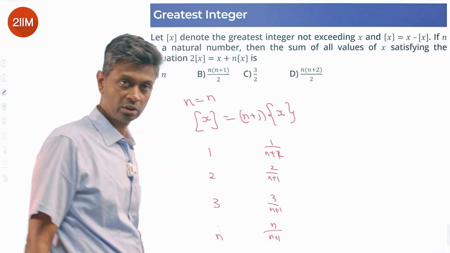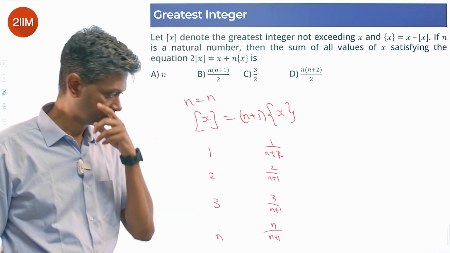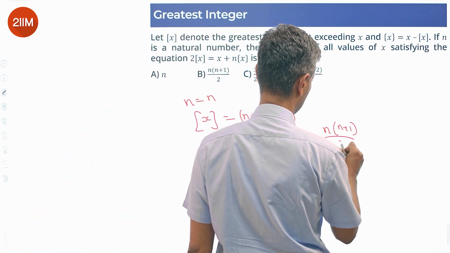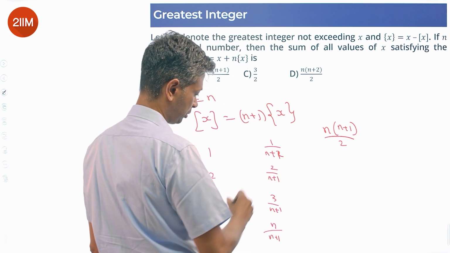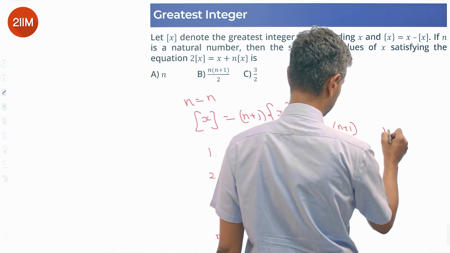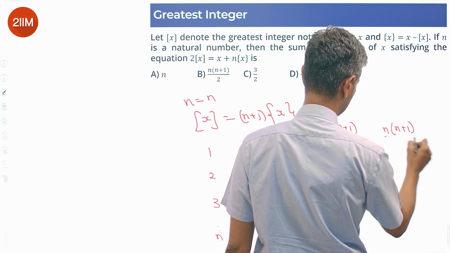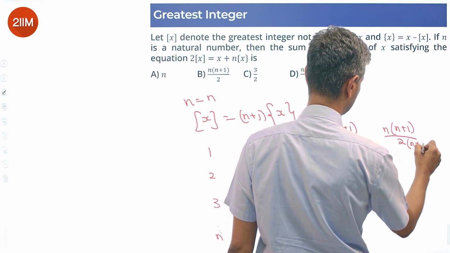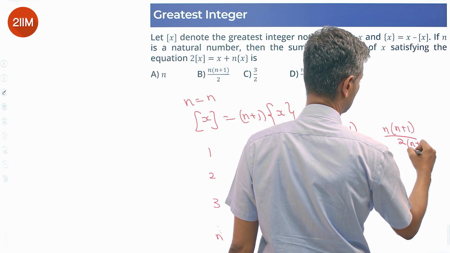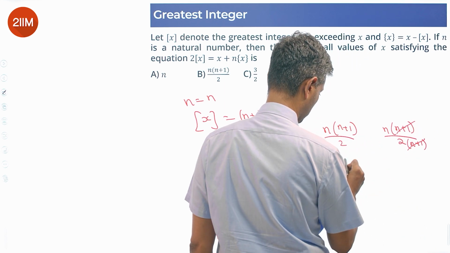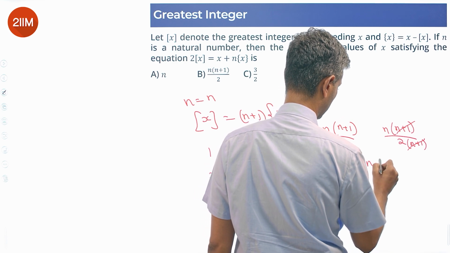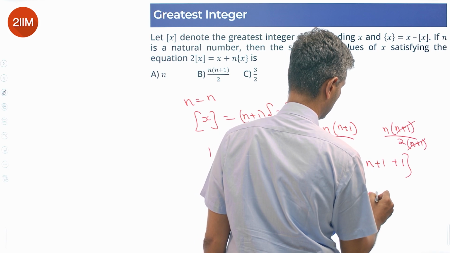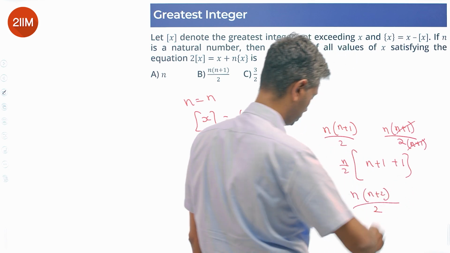If I add all of this, 1 plus 2 plus 3 up to n is n into n plus 1 by 2. Times n plus 1. So this goes away. N by 2 into n plus 1 plus 1. N into n plus 2 by 2.